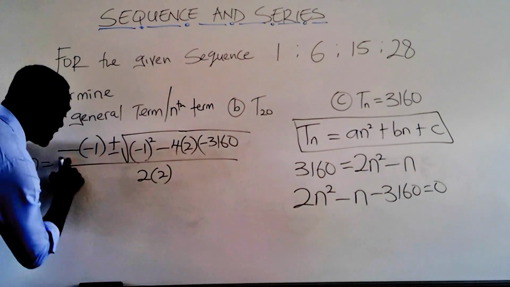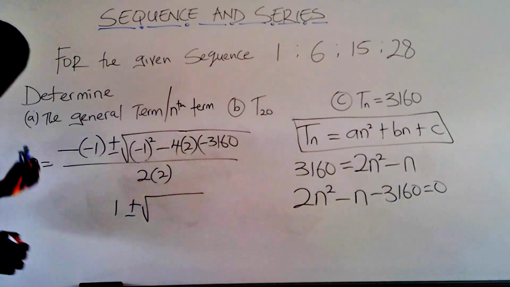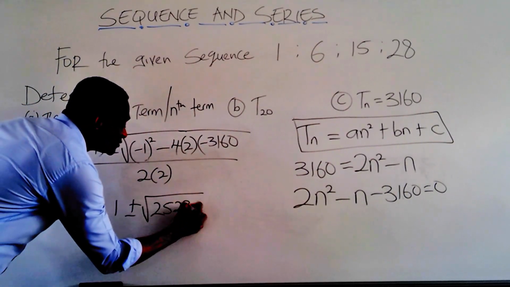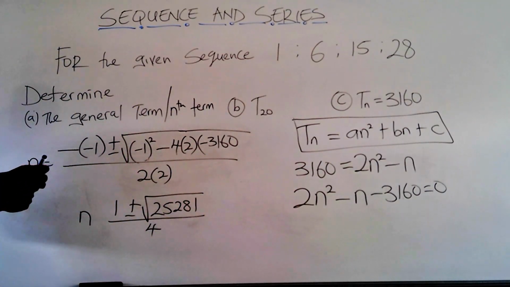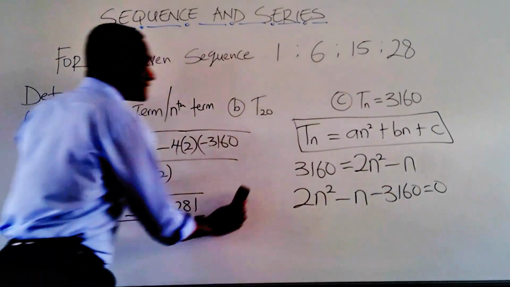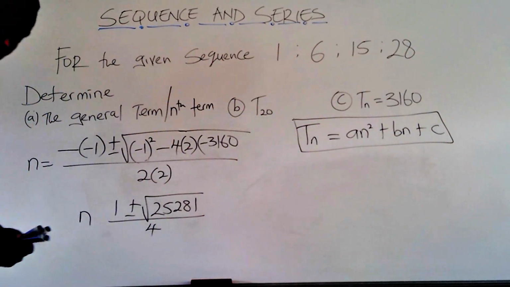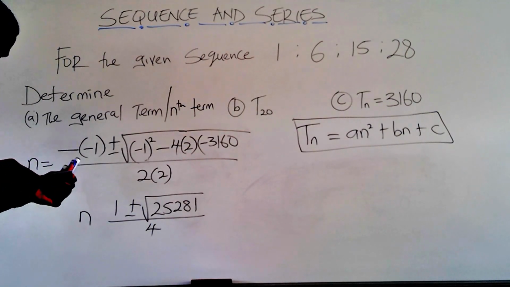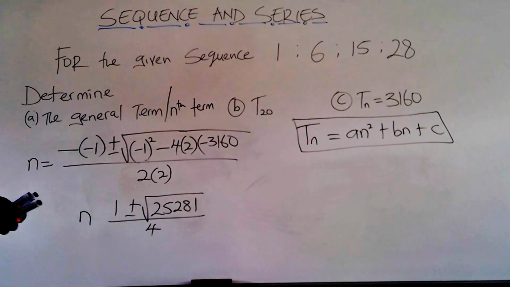We have negative negative 1, which is 1, plus or minus the square root of 25281 all over 4. These will give us the two values of n. Now let's finish this. 25281, the root is 159.